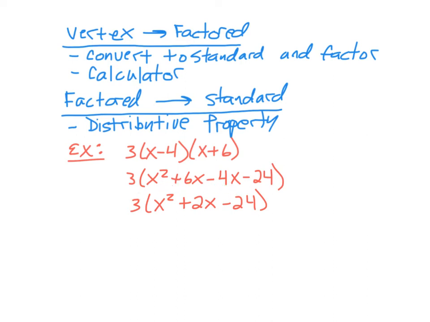So 3 times x squared is 3x squared, 3 times 2x is 6x, and 3 times negative 24 is going to end up giving me negative 72, and I'm done. I have then converted from factored form into standard form.